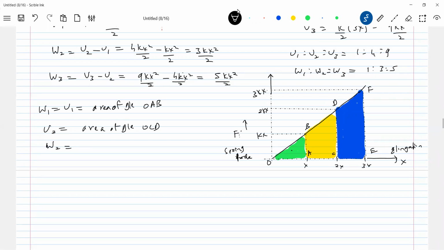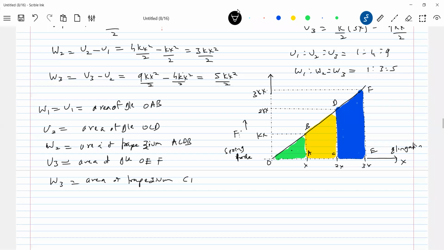W2 should be the area of trapezium ACDB. Then what is U3? U3 again, area of the bigger triangle OEF. Then what is W3? W3 is the area of trapezium CEFD.